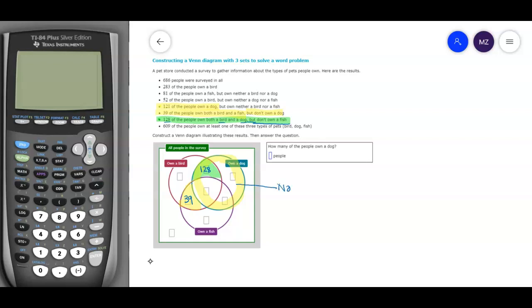So you see here, no fish, because it's not included in the fish circle, and neither is a bird in there. So only this part over here is going to be 121. So this is 121. Let me clear it again.